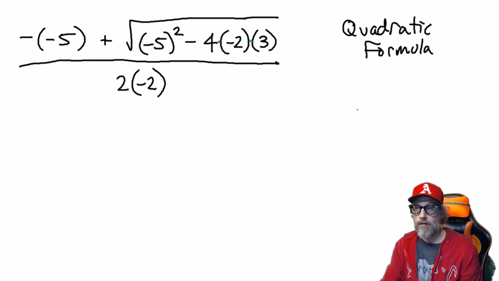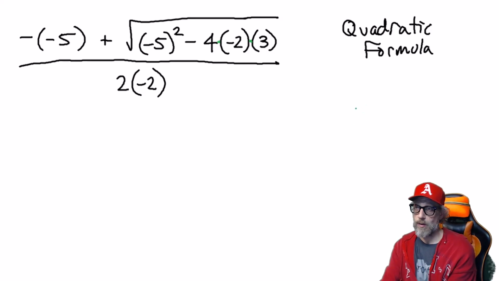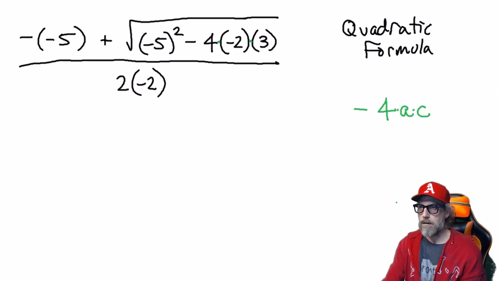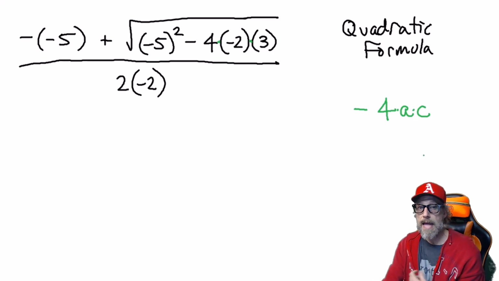That often arises when we start with an algebraic expression. Like if we started with something that says, in your problem, you need to deal with negative 4ac, which is 4 times a times c. And then later on, someone says, okay, now I want you to use a negative 2 in place of a and a positive 3 in place of c.